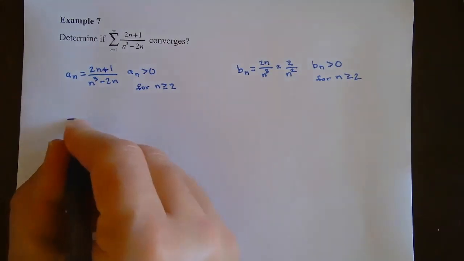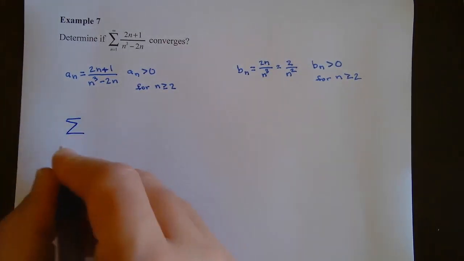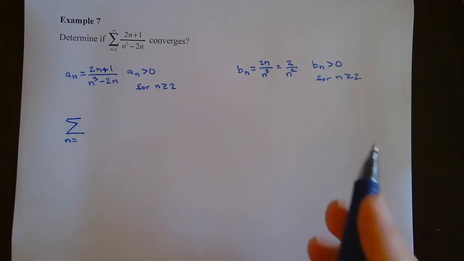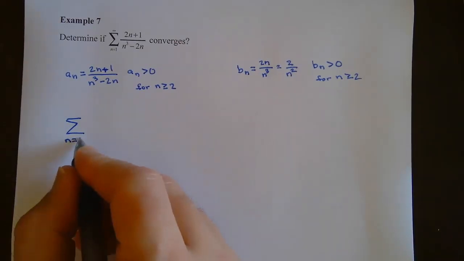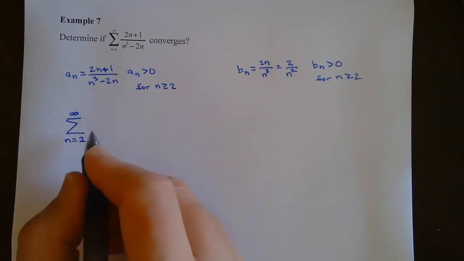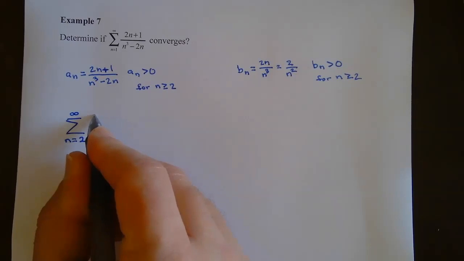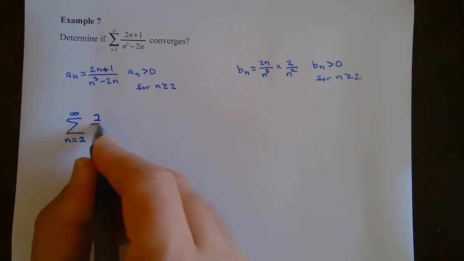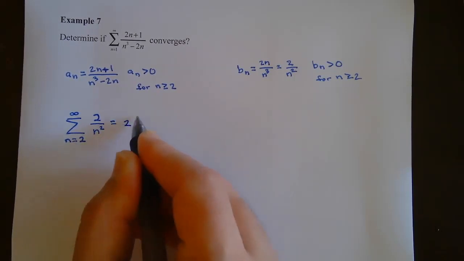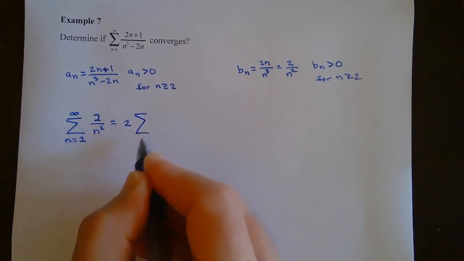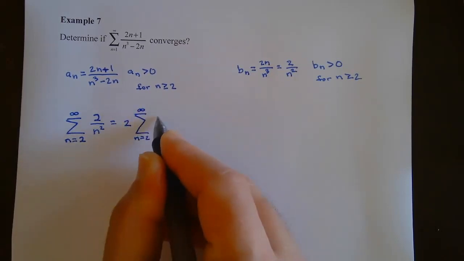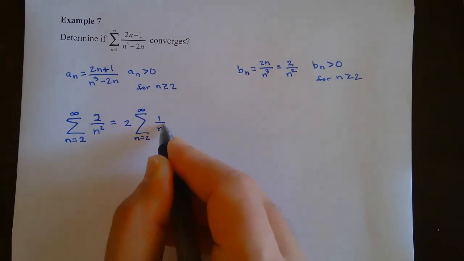Okay, so what we have here is sigma n equals 2 to infinity of 2 over n squared. That could be rewritten as 2 sigma n equals 2 to infinity of 1 over n squared.